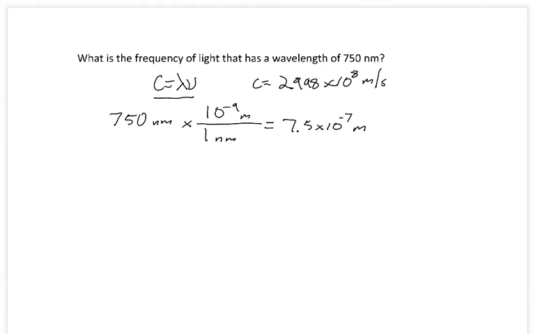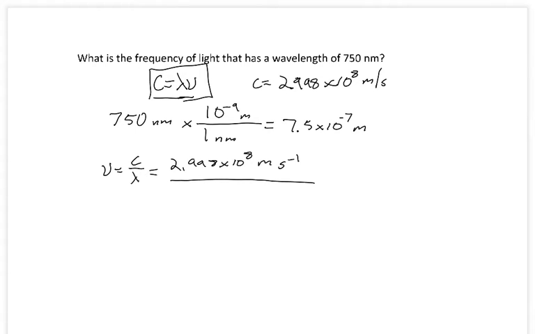All right, so I'm going to take my equation here, and I'm going to solve that for nu. So I'm going to divide both sides by lambda. So the frequency, nu, is c divided by lambda. So I plug in the speed of light, and the units are meters per second, so I can also write that as meters times seconds to the -1.